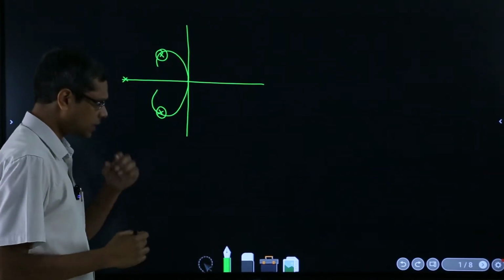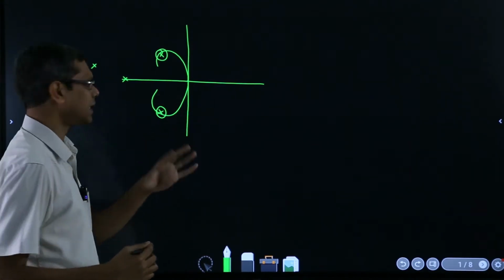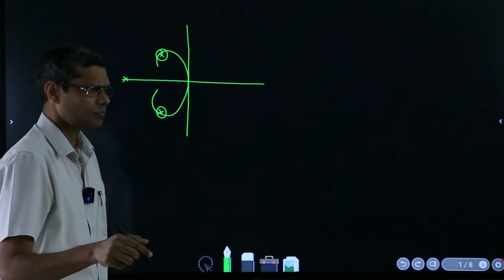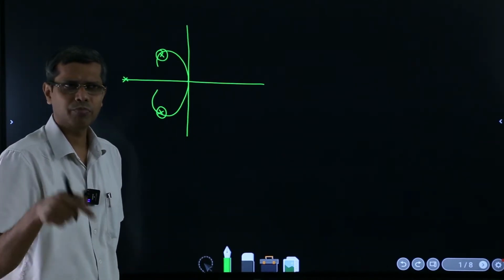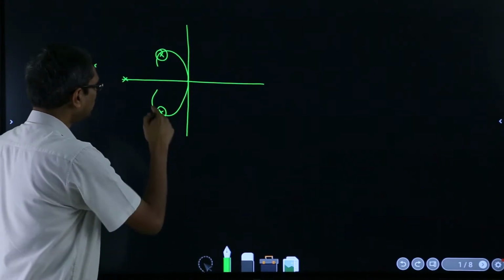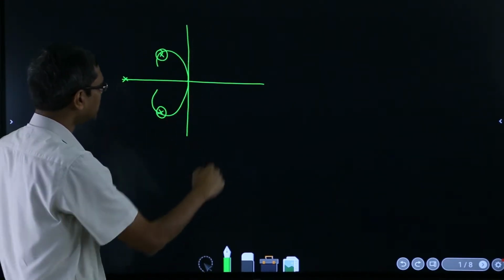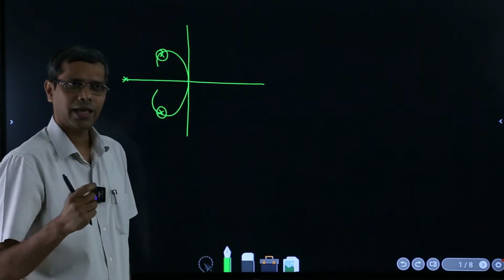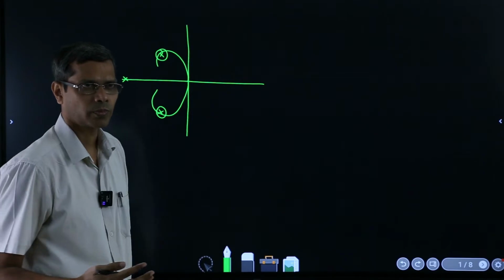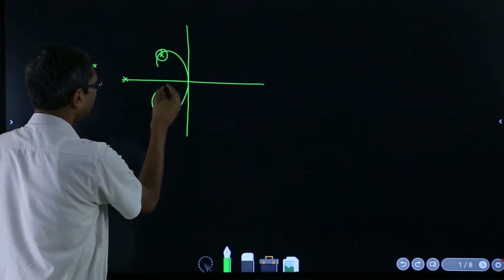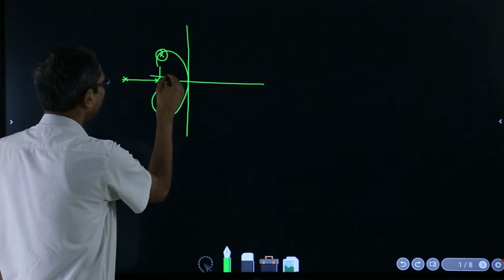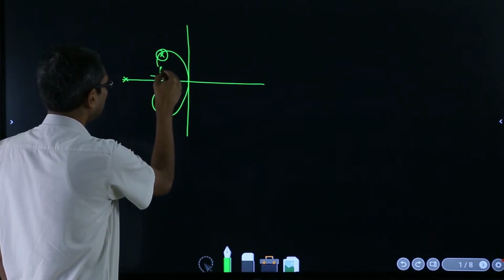But the major visualization should come from this picture. Remember we talked about the impulse response, right? Every location on this complex plane has its characteristic impulse response. For example, if you are here and you give an impulse, it will just die out like this.